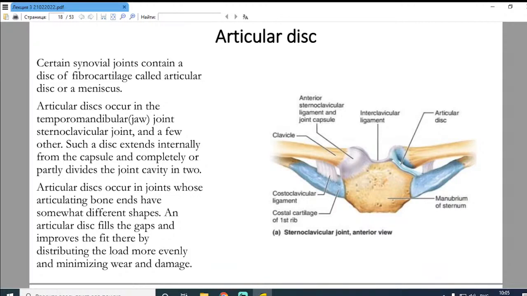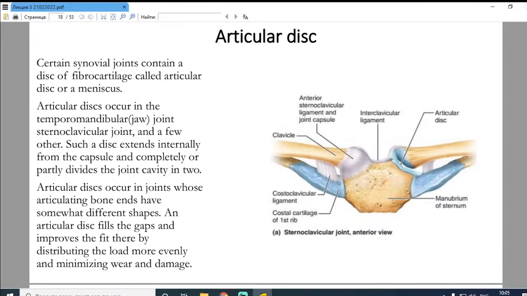Two cavities. Articular discs occur in joints where the articulating bones have somewhat different shapes.